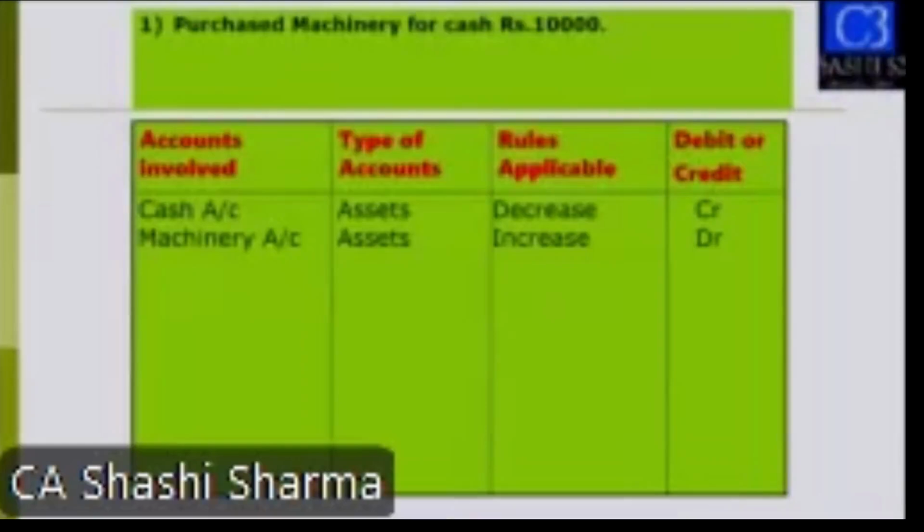In the golden rules, cash was a real account going out of the business, since we are purchasing machinery, and was credited. And machinery also being real, it was coming into the business. So the rule of 'comes in' was applicable and machinery was debited under the golden rules. So the final result will always be the same.